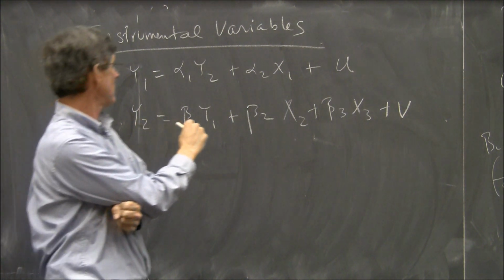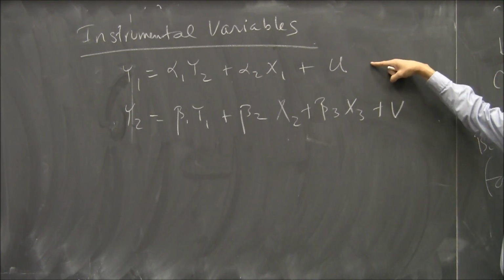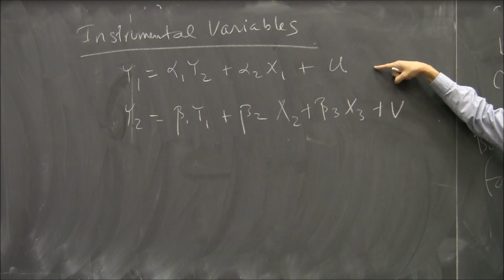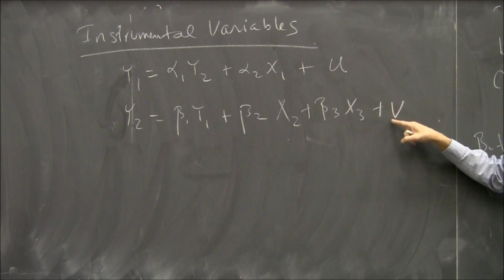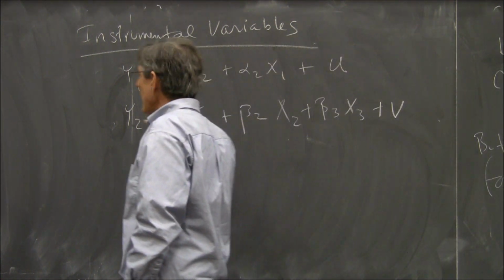Oh, wait. That's not right. This is now over-identified, because it's missing x2 and x3. There's 2 exclusions, and G-1 is only 1. This one's only missing one thing. It's missing x1, so this one's exactly identified.